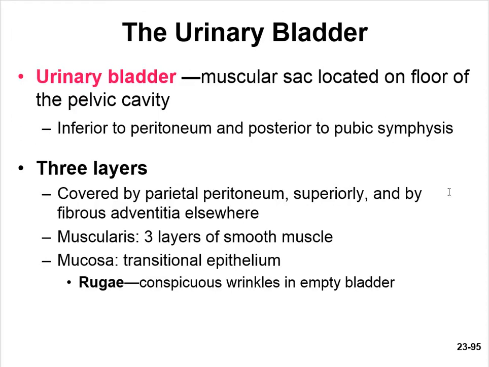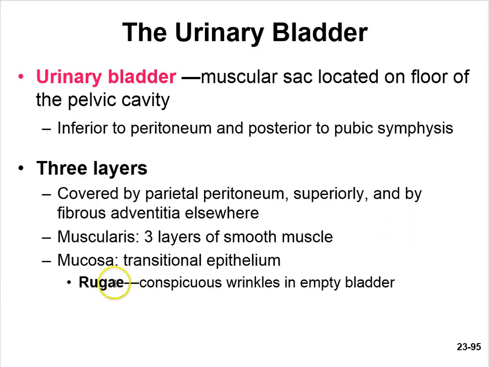There's 3 layers. They're covered by parietal peritoneum superiorly and by fibrous adventitia elsewhere. The muscularis is 3 layers of smooth muscle, and the mucosa is transitional epithelium. This is important in the flexibility and the stretchiness of the urinary bladder.